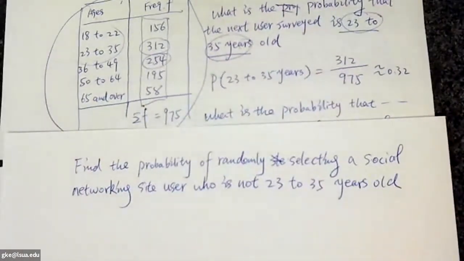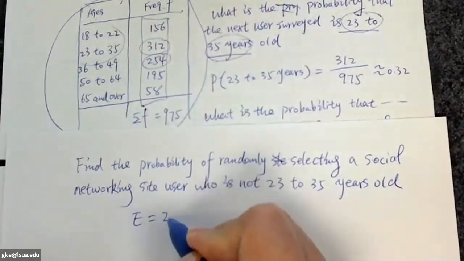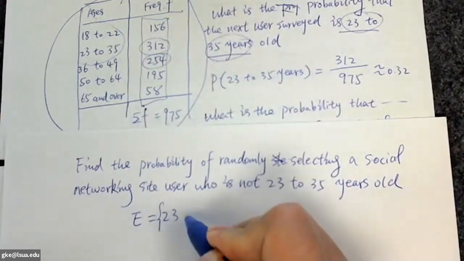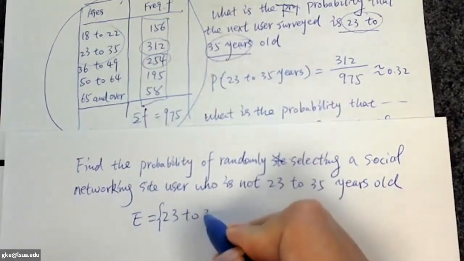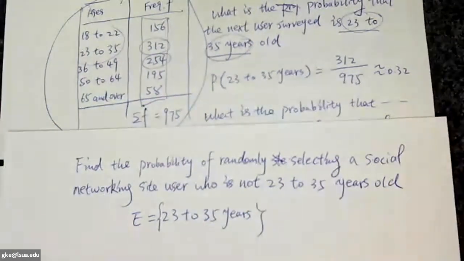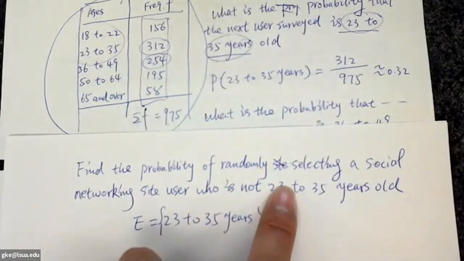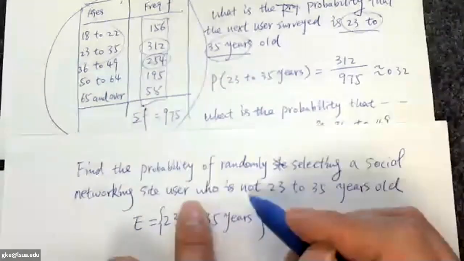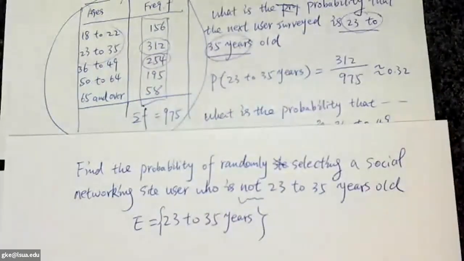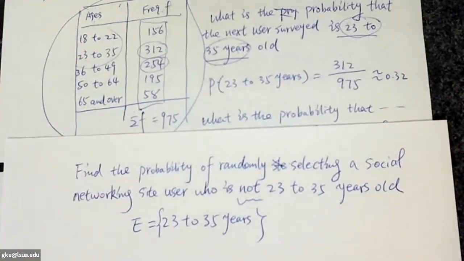Okay, if we assume E is the event 23 to 35 years old, right? Now, I want you to calculate the probability that the user is not 23 to 35 years old. Still, we're going to use the table. Okay, try it by yourself first.